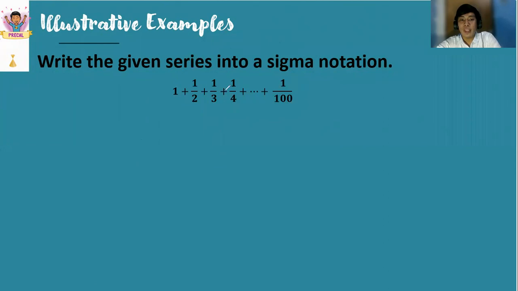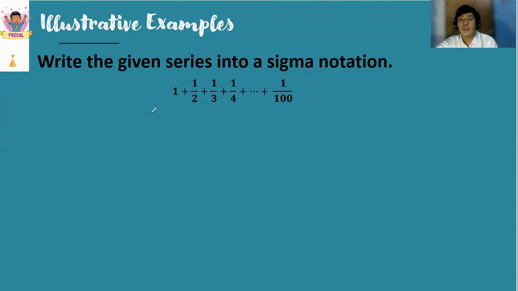First is to determine how many terms this series will have. Obviously, if it starts from 1 going to the denominator 100, there are 100 terms in this given series.